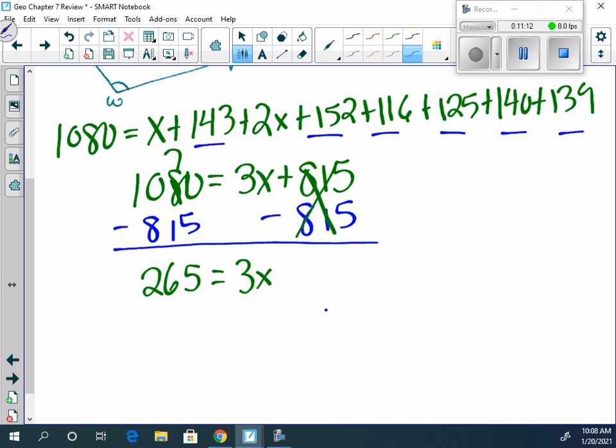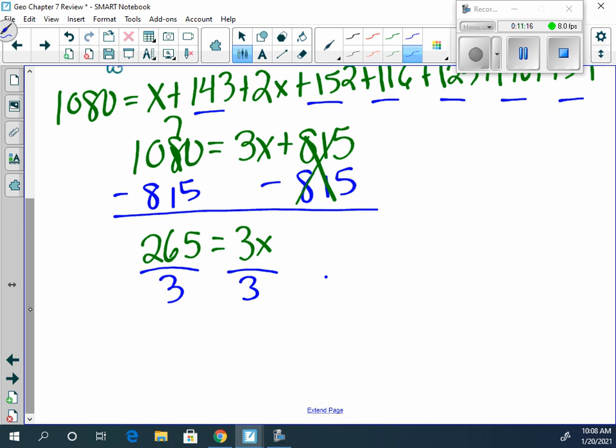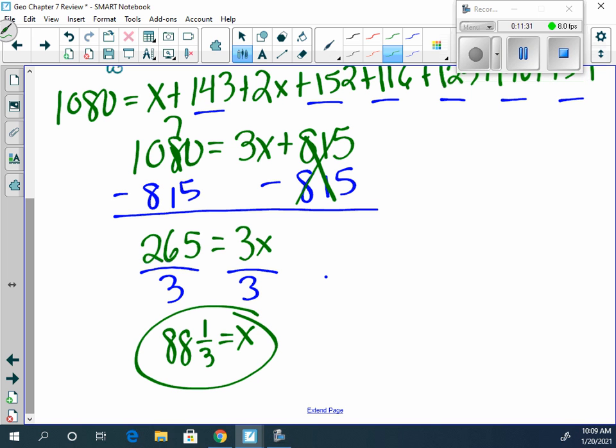And last but not least, we would divide both sides by 3. And 3 goes into this 88 and then 0.3 repeating, so 88 and 1/3.